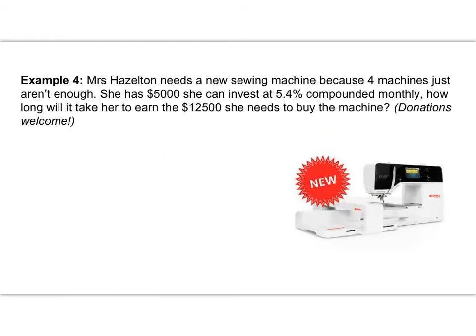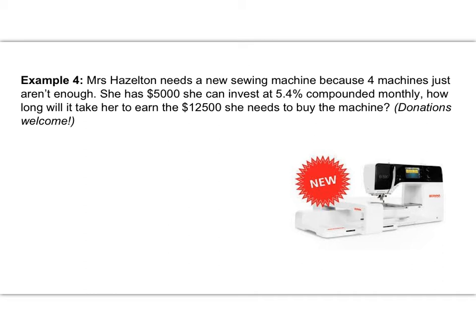All right, so I need a new sewing machine because 4 sewing machines just aren't enough for one person to have. I have $5,000 I can invest at 5.4% compounded monthly. How long will it take me to earn the $12,500 I need to buy a machine?